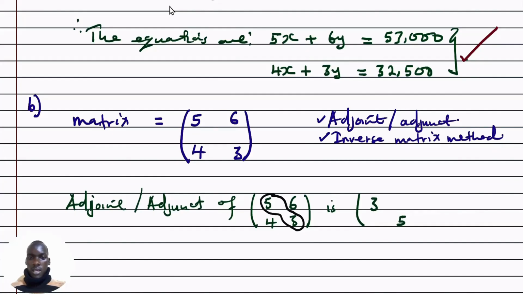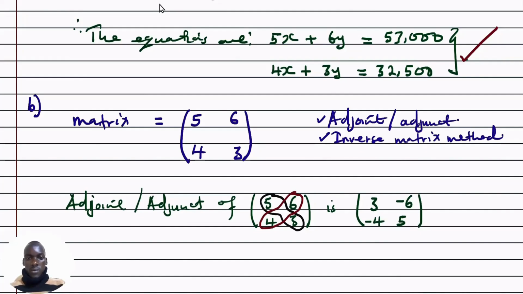Then for the entries in the other diagonal, we just apply a negative sign, implying that the 6 becomes negative 6, then the 4 becomes negative 4. Therefore this becomes our adjoint, rather the adjunct.